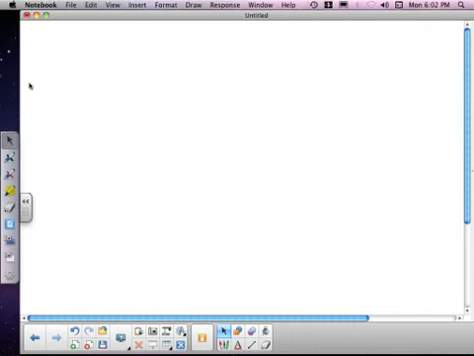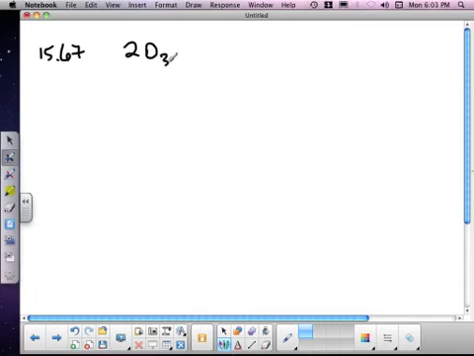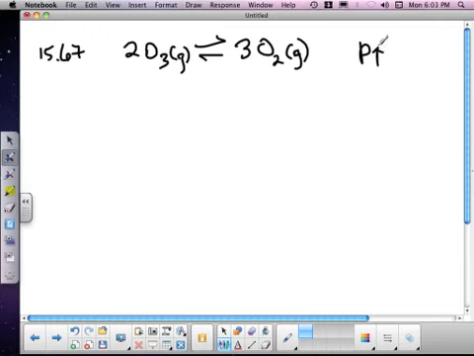O3 gas is in equilibrium with O2 gas. Would an increase in pressure favor the formation of ozone or oxygen? So when you were looking at pressure increases, you want to look at gases.